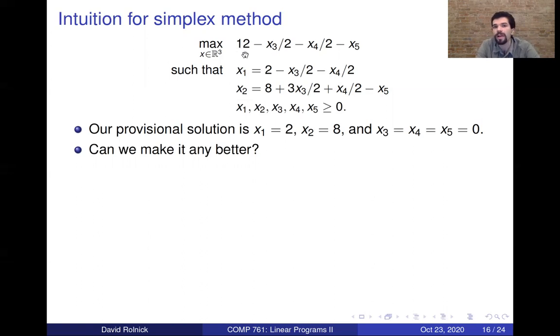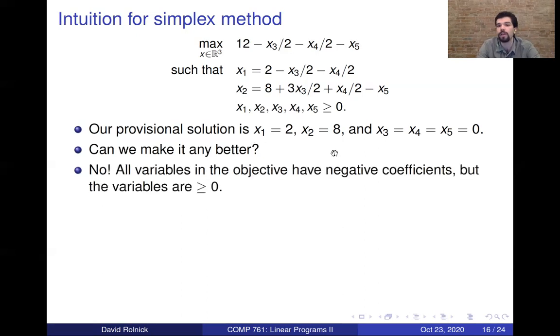Because we're trying to maximize 12 minus 3 things that we know have to be non-negative. We're subtracting something that is clearly non-negative. So the best that we could do is by making all of these 0, which in fact we are doing. And so we've got the optimum, which is 2, 8, and all zeros. There might be some other ways to attain that optimum, but we found the optimum value.